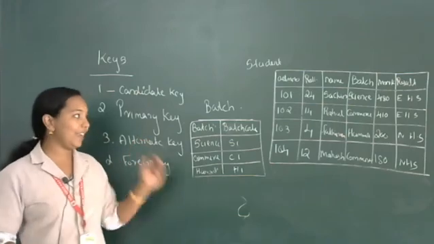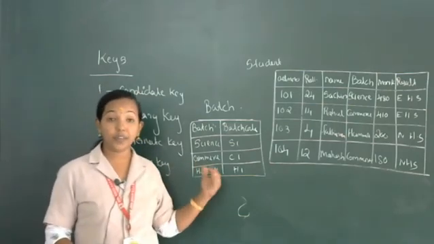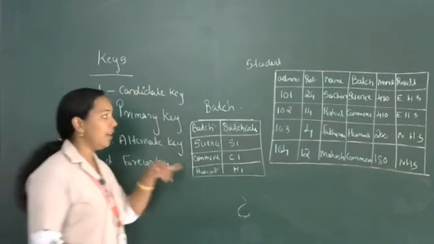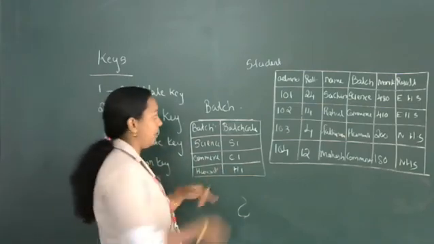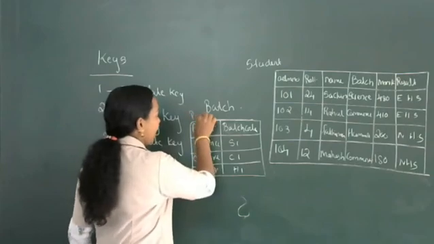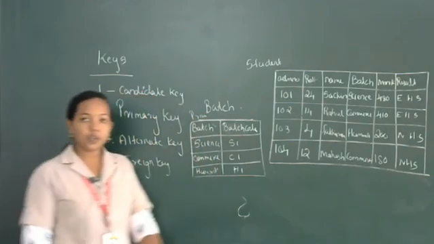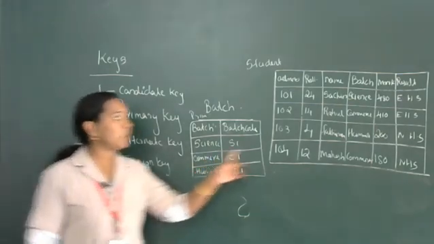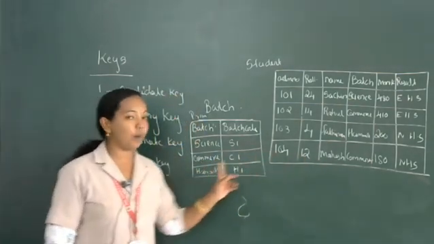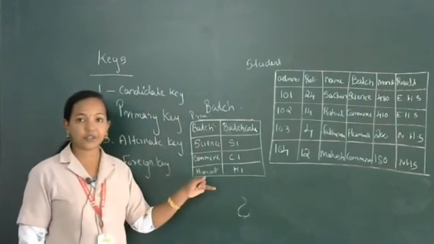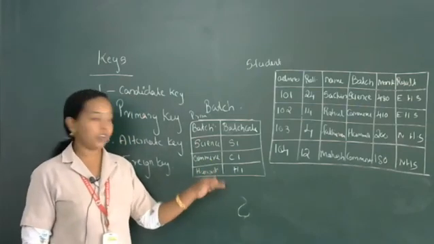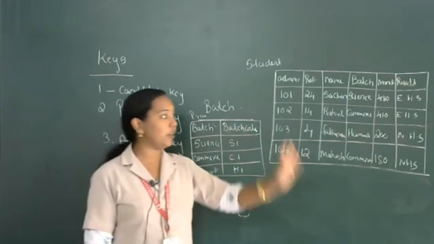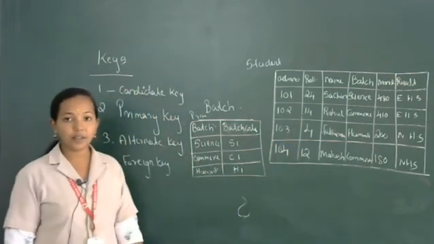That means a key is a foreign key if it is a primary key of another table. So here in this table, batch will be treated as primary key. Here I am treating batch as primary key, but these two columns are common. Here there is no repetition, only 3 values present. The same values are present here also.